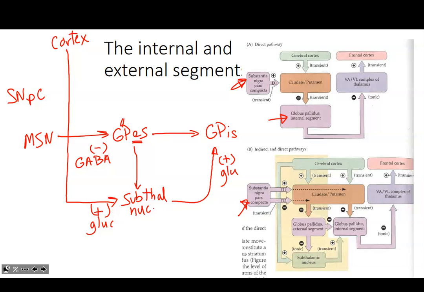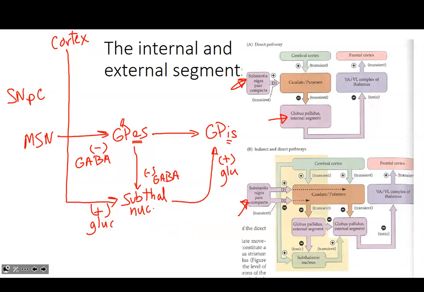Pre-stimulus, before the pathway is activated, the GPe is similar to the GPi, because both are tonically active. So the GPe is actively inhibiting, by releasing GABA, the subthalamic nucleus. It's preventing excitatory input from making its way to the subthalamic nucleus by inhibiting the cells here. So this is inhibited tonically when the system is at rest.